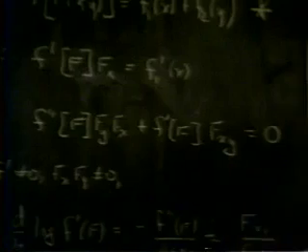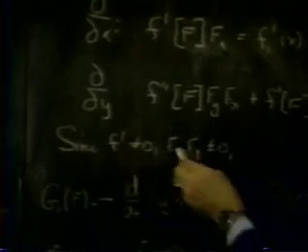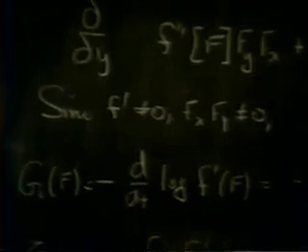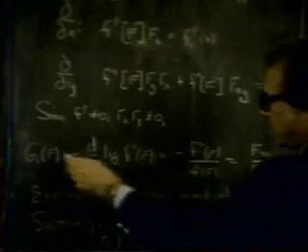And now I can rearrange this equation, because by my assumptions this is not 0 and this is not 0. So rearranging it, I get this term divided by that term equal to minus the second derivative of f divided by the first derivative, which can be expressed as minus the derivative of the logarithm, and that's a function only of F itself.